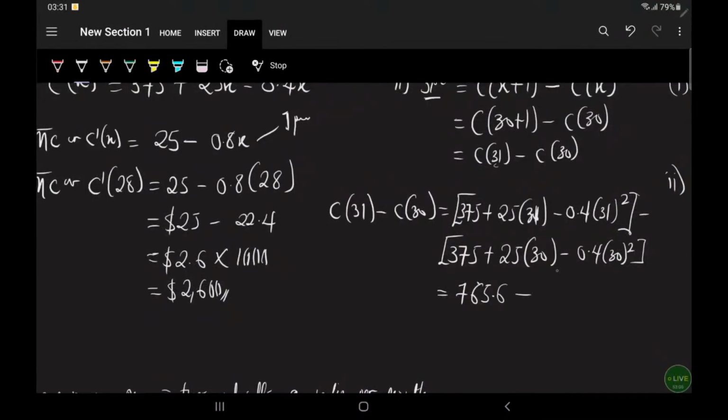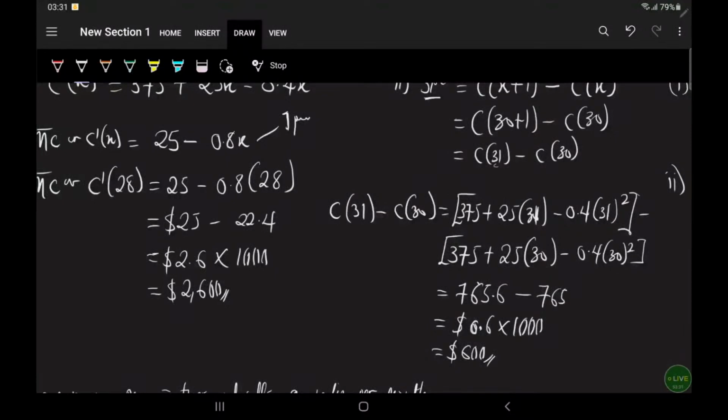And for the output of 30, I had 765. So in that case, you're going to arrive at 0.6 dollars. But remember, we're operating in thousands, so just multiply by 1,000, and we get to know the real cost of producing one manipulator. So it's going to be 600 dollars, and then you are good to go.